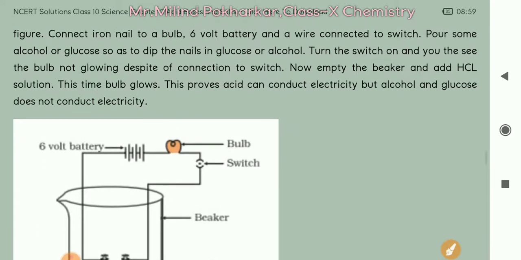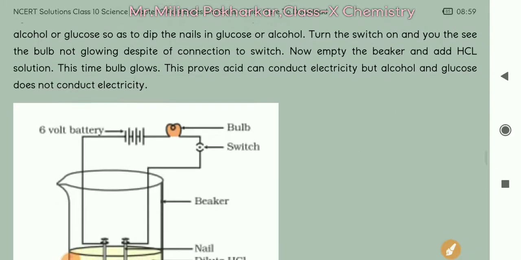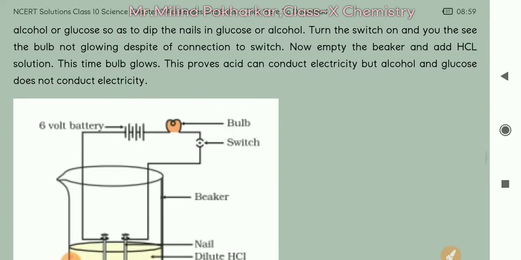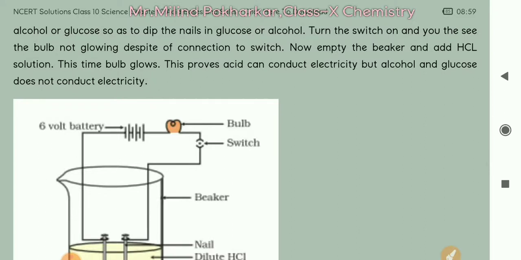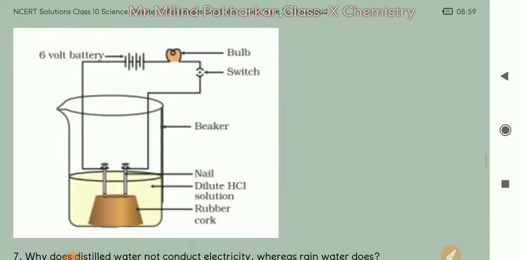Then put glucose or alcohol in the beaker so as to dip the nails in the glucose or alcohol. Turn the switch on and you see the bulb does not glow. Now empty the beaker and add HCl solution.